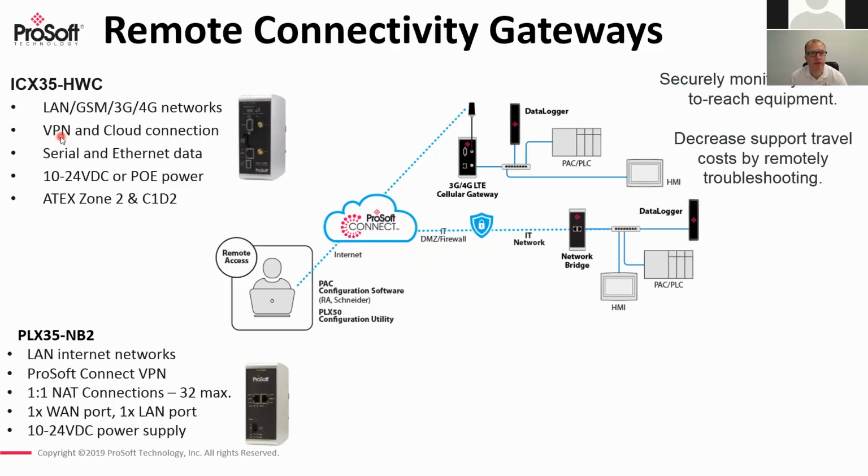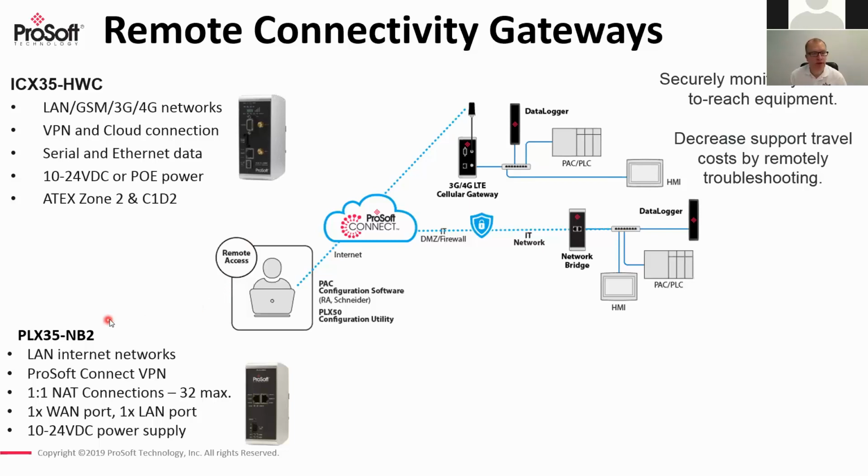It can be used with your standard VPN, such as OpenVPN. So you may have an existing corporate VPN that you wish to connect to and just use our unit as a client. It can also be used for serial and Ethernet data, and it's just the usual power systems as well.